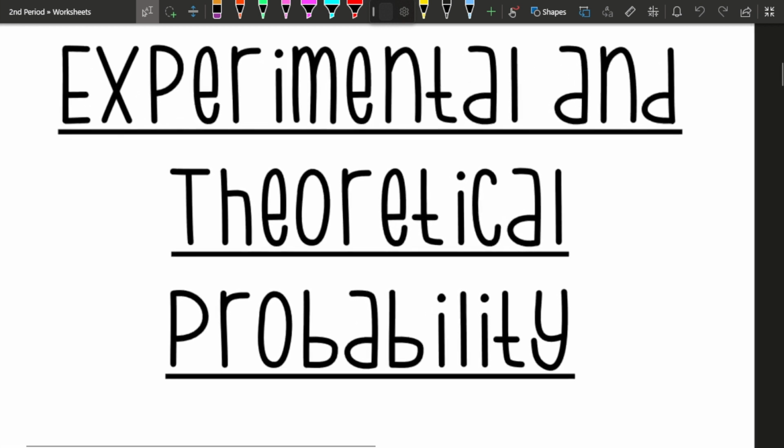Whenever you're in science and you're going to do an experiment, you have to write a theory before you do the experiment to know what you can expect to happen. This is very similar, but now we're doing it with numbers. So we're going to write a theory to know what we can expect to happen in the actual experiment.